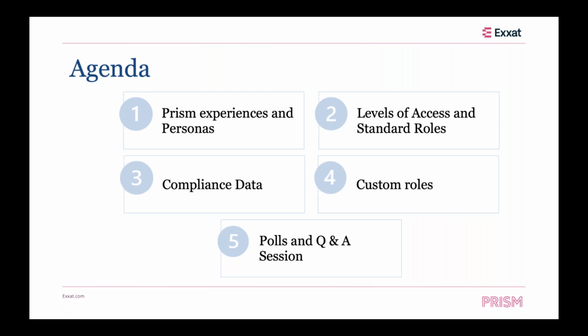Role-based access control is an evolving functionality in Prism. Although we've come a long way and we do support all the major requirements and needs that our clients have in terms of role-based access control, we are evolving it even further to give you finer control over who gets to see what and work with what.